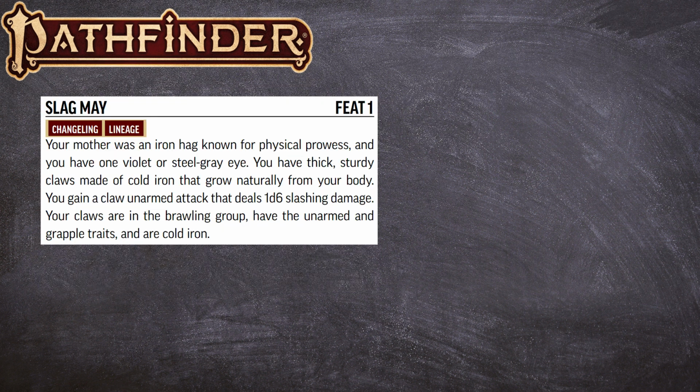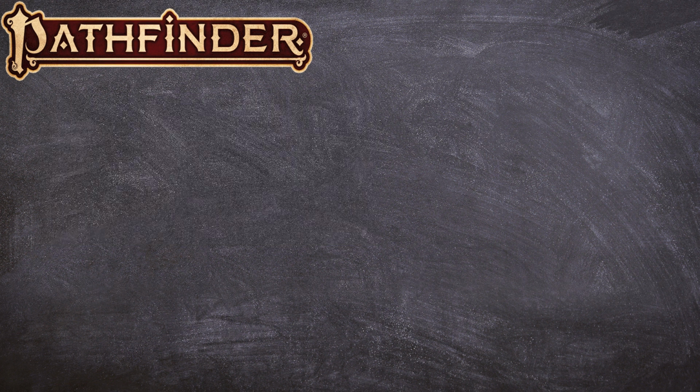And the Slag May has been updated from an Annis hag to an Iron hag. Very cool. Changeling Lore, again, all the Changeling lores have been changed, and hag magic has changed to follow the heritages. Just the hag name changes. It's to bring it all in line.